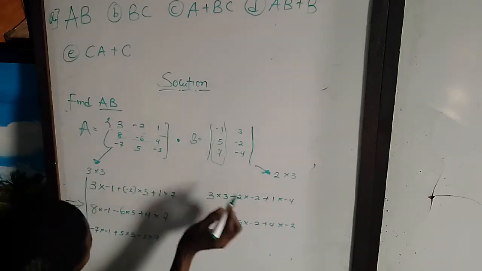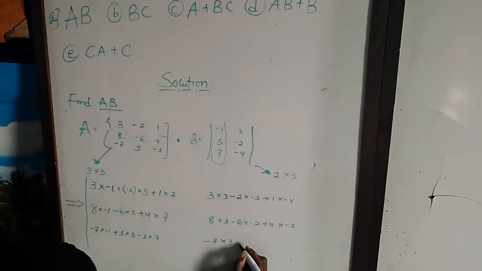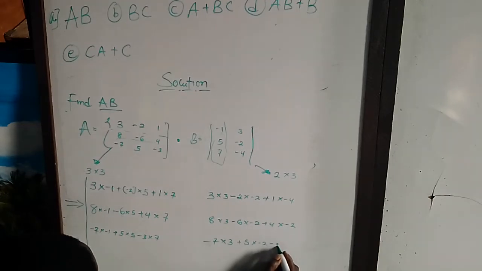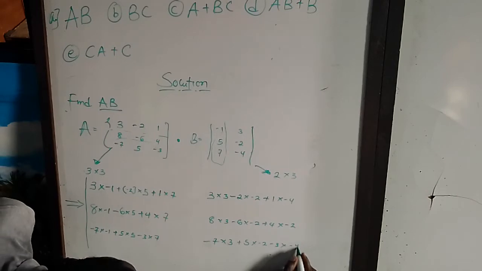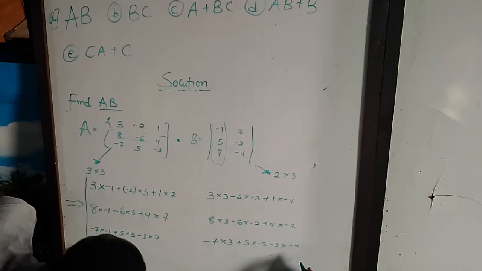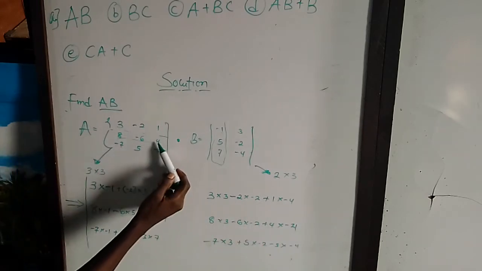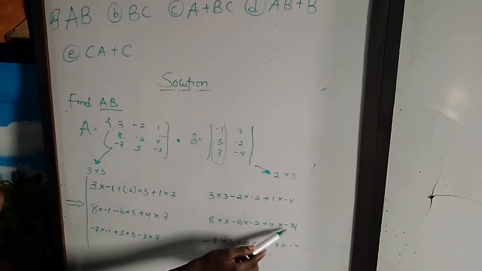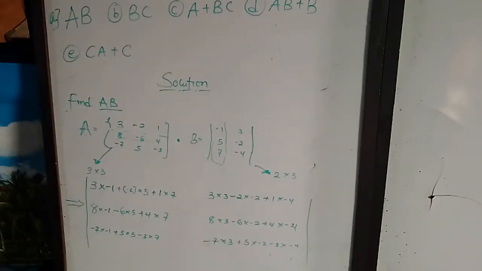Then we are going to have again this minus 7 times 3 plus 5 times minus 2 minus 3 times minus 4. Sorry, we have 4 times minus 4. So do you understand?